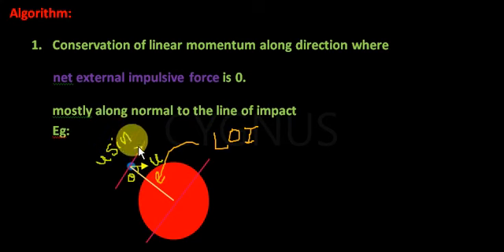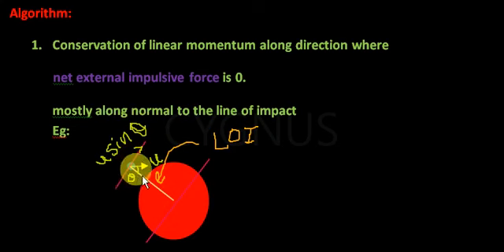Since the net external impulsive force along this line is 0, the linear momentum along this line would be conserved for this blue ball right here.